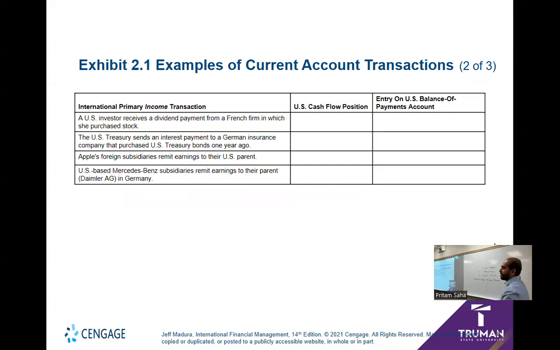These are some examples of primary income transactions. So what do you think? Problem one.